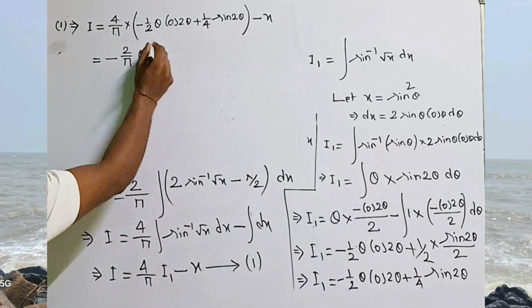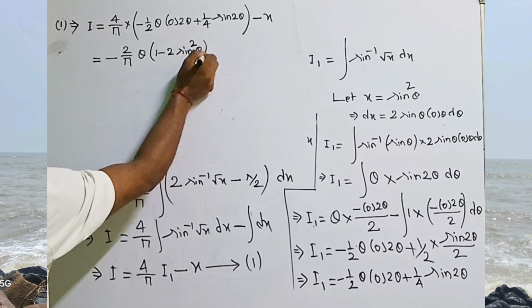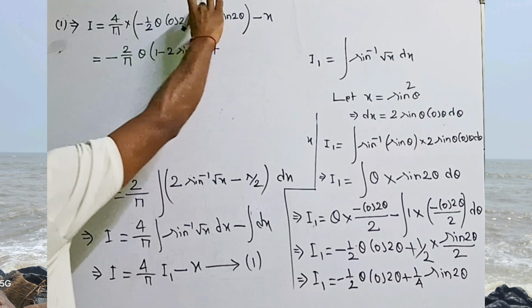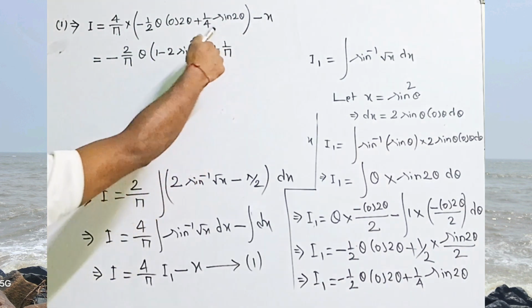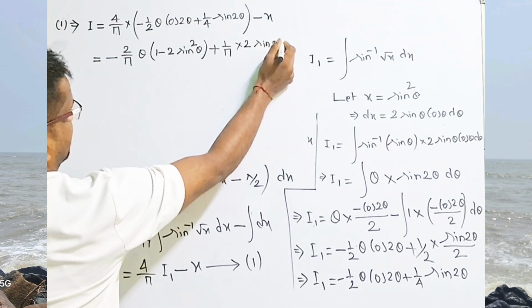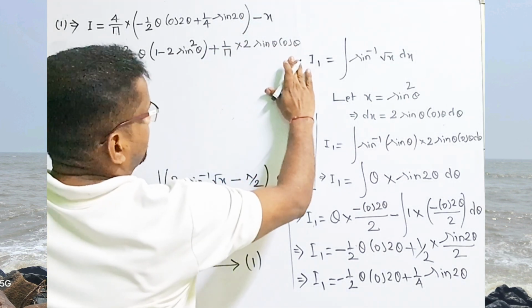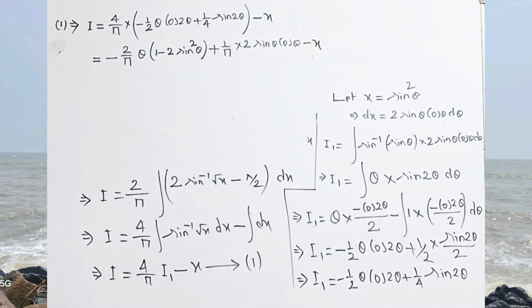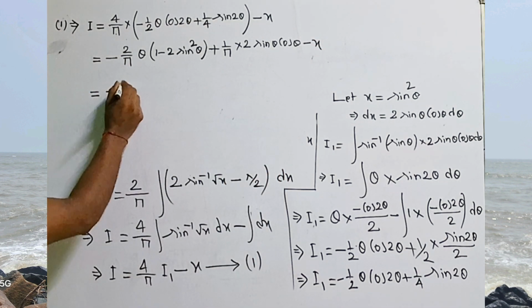So let us do this: 1 minus 2 sine square theta plus 4 by pi into 1 by 4, that will be your 1 by pi. Sine of twice theta you can write 2 sine theta cos theta. And minus x is here already. So minus x, here it is minus x.